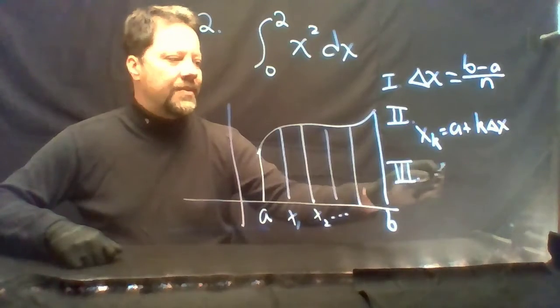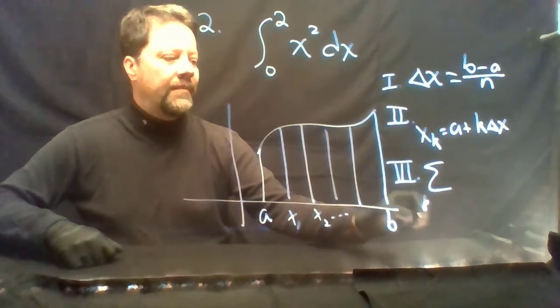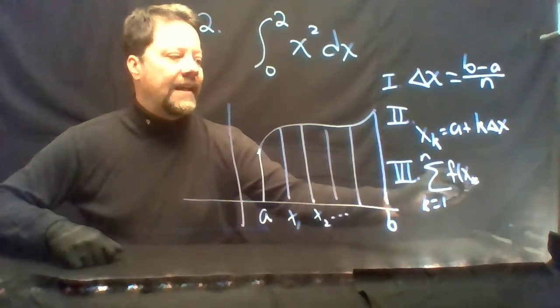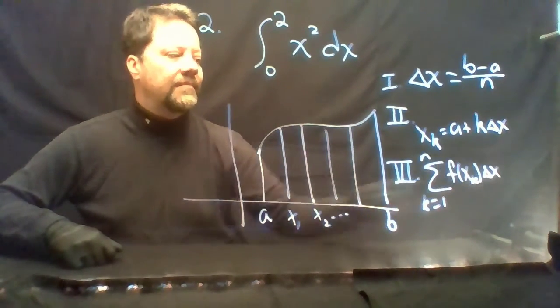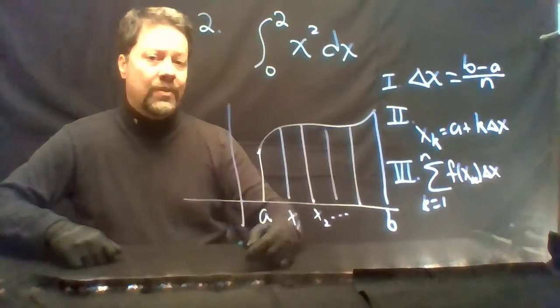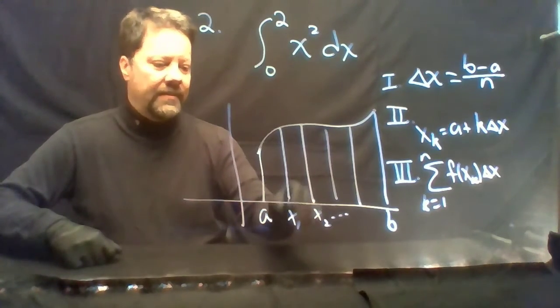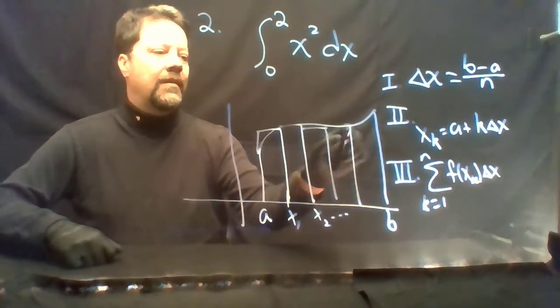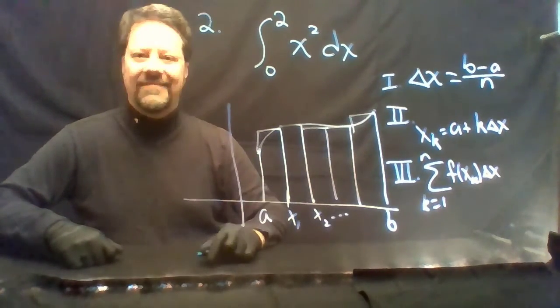Finally, the Riemann sums are of the form the sum as k goes from 1 to n of f of xk delta x. In this case, we're using right-hand endpoints, finding heights at right-hand endpoints. Like this.